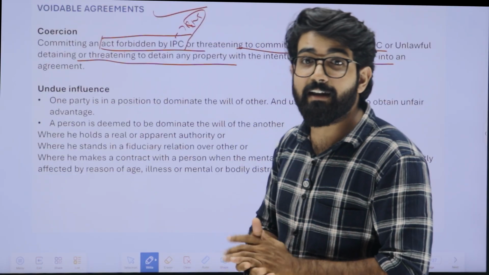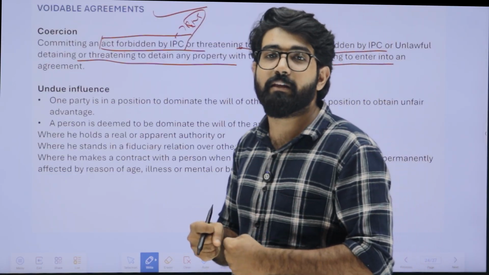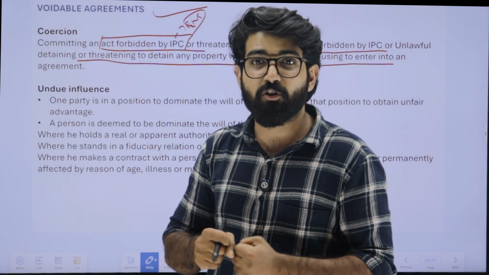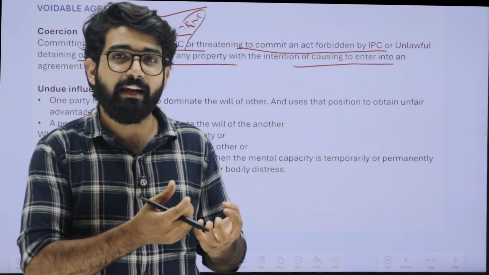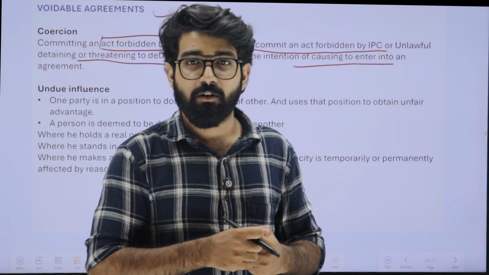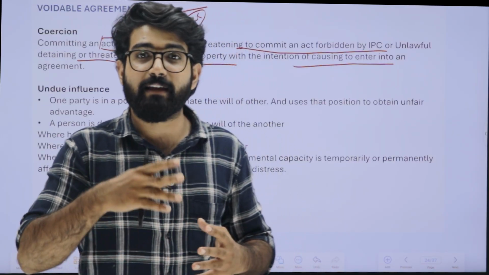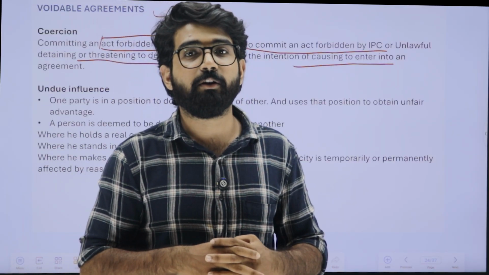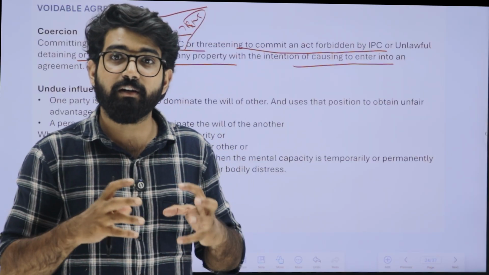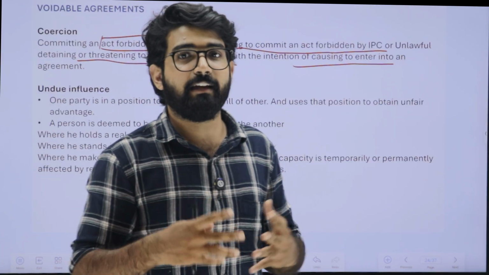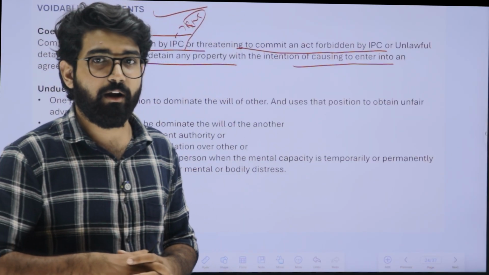So we are threatening someone, or detaining something that belongs to that person, in order to coerce that person into a contract. For example, I say that I will kill his son if he does not enter into a contract. This is coercion. We are threatening that person to enter into a contract.